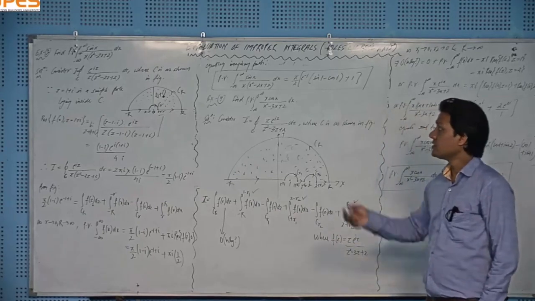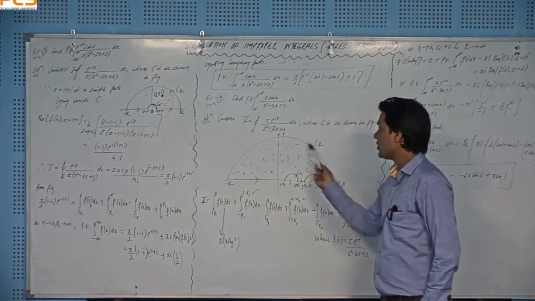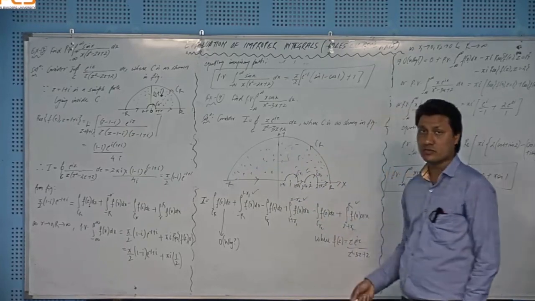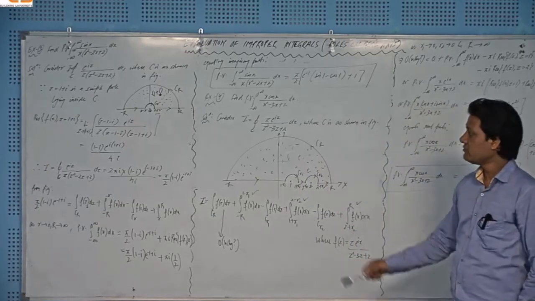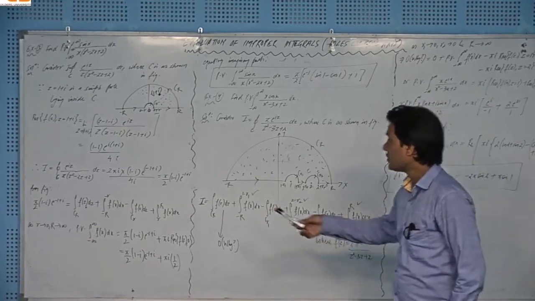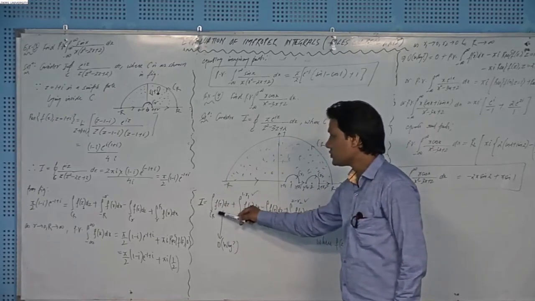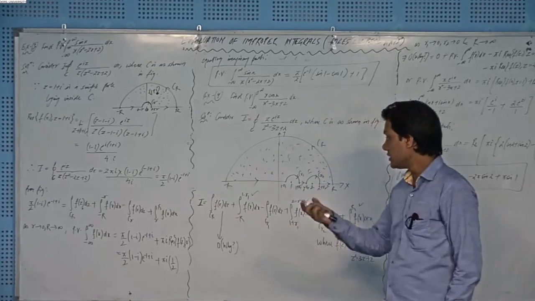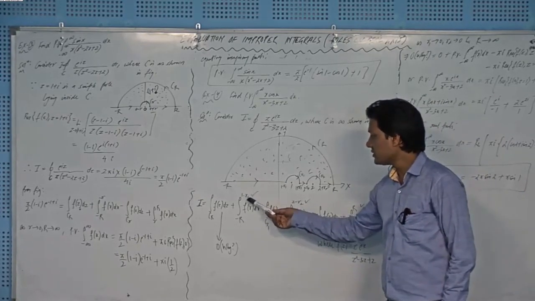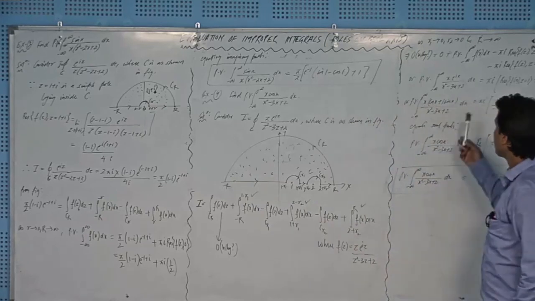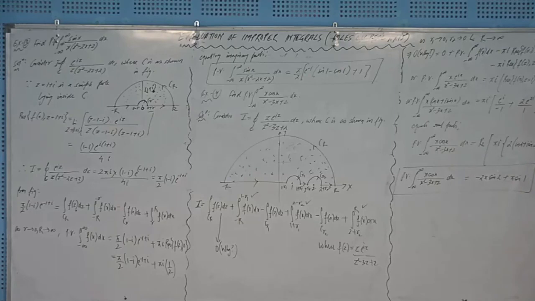We break the whole contour into 2 or 3 or 4 parts, just like in this example, 1, 2, 3, 4, 5, 6 parts, depending on the number of poles that lie on the real axis, and then we apply the Cauchy Residue theorem on the left hand side. For this integral it goes to 0; we use Jordan's lemma, or the estimation principle, and then on approaching R tends to infinity and small r to 0, we get the principal value of the real integral. And then we equate the real and imaginary parts.